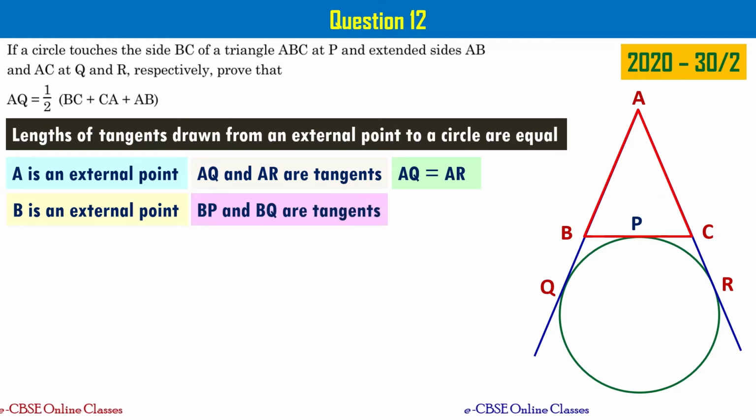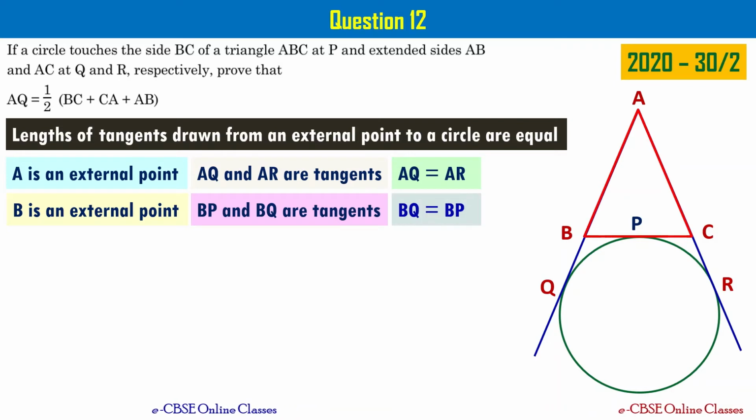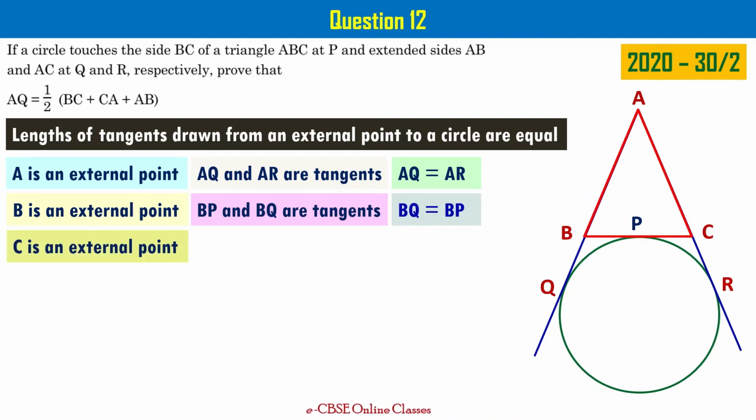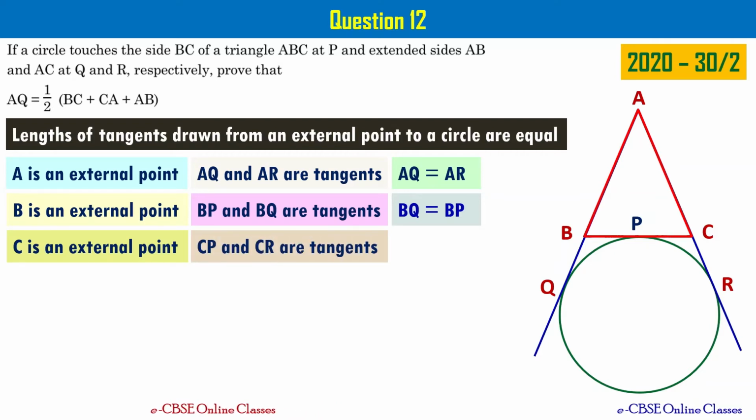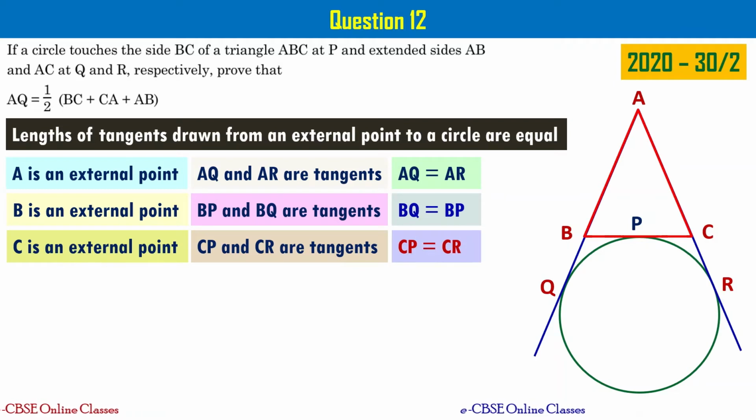So as per the theorem, BP is equal to BQ, right? Now, if you observe the figure again, you see that C is an external point and CP and CR are the tangents drawn from the external point to the circle, right? It means CP equal to CR.